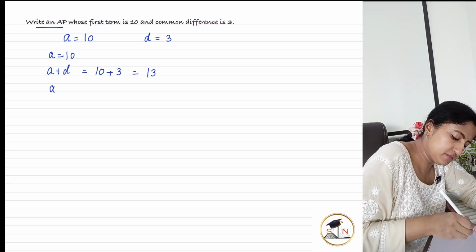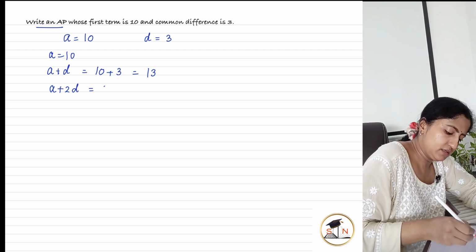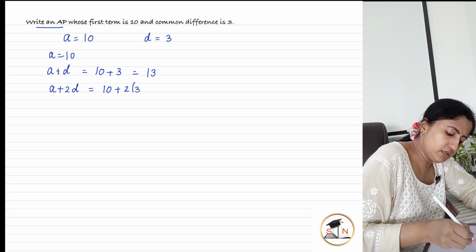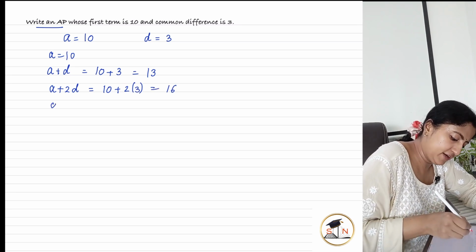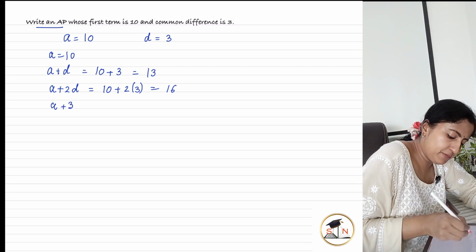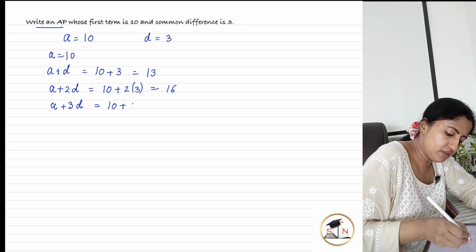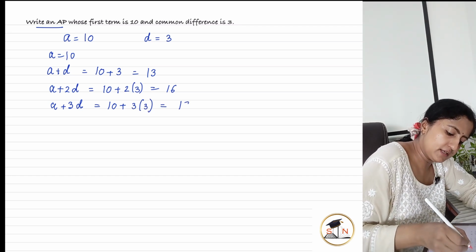The next term, A plus 2D, 10 plus twice of 3, that is 16. I'm finding one more over here. A plus 3D, that is 10 plus 3 times 3. This becomes 19.